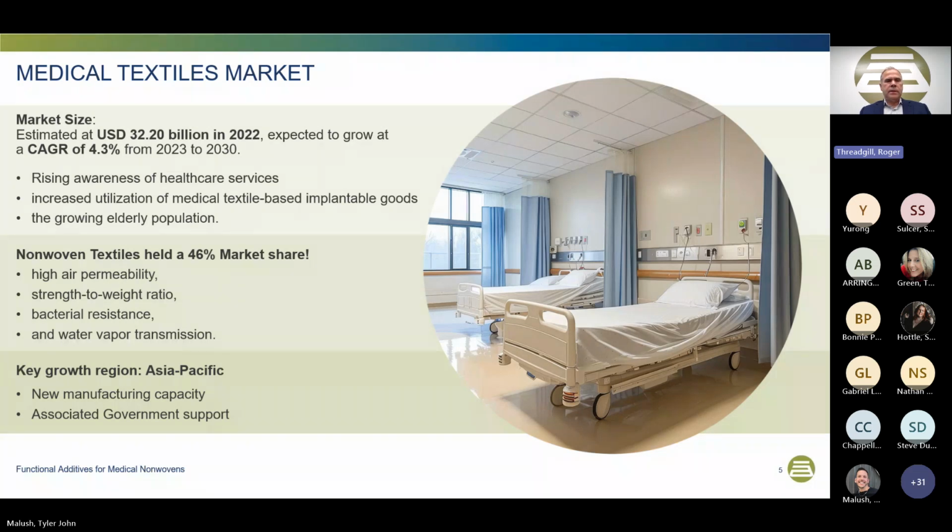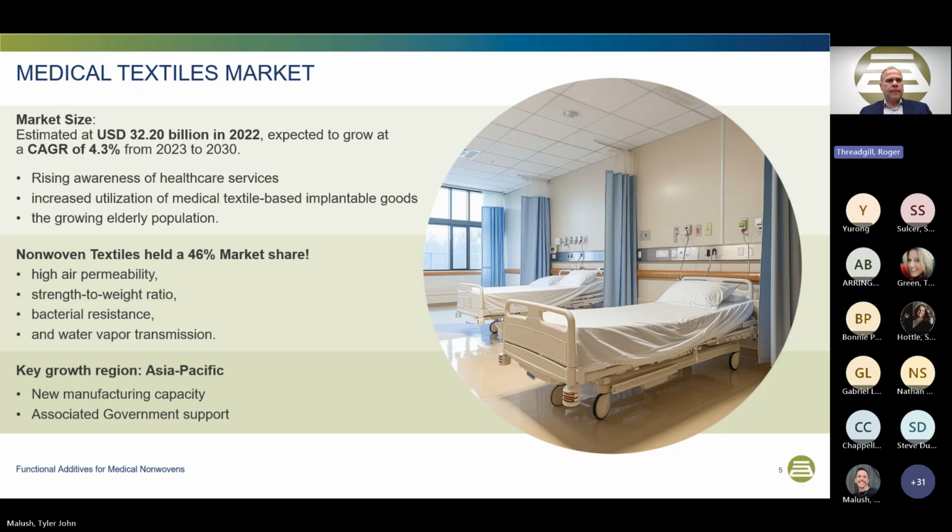In this space, nonwovens held nearly a 46% global revenue share in 2022, tapping the material functionality of permeability, strength-to-weight ratio, bacterial resistance, and vapor transmission. Much of this growth was dominated in the Asia Pacific region, where there were many new nonwovens manufacturers and facilities coming online with the associated government support.